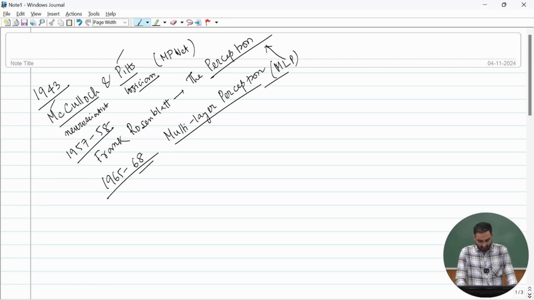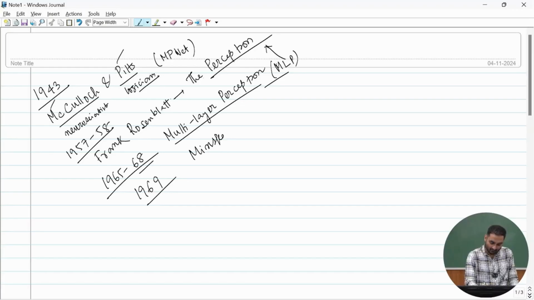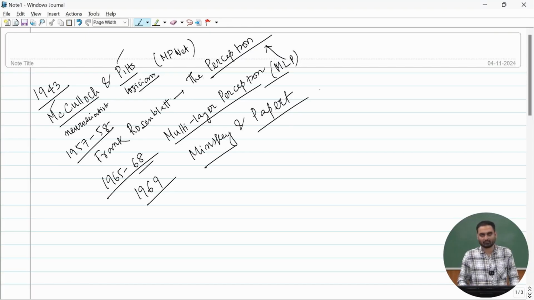And later on, I think in 1969, Minsky and Papert appeared. Some of you know Minsky is also called the father of AI; he was the founder of the AI lab at MIT.